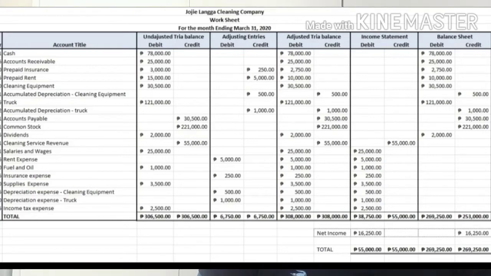Any income, we will add to the stockholders' equity under the retained earnings account. So 253,000 plus 16,250 income, we have a total credit as of now in the balance sheet of 269,250, and now it's equal with the total debit, 269,250. So it's now balanced.